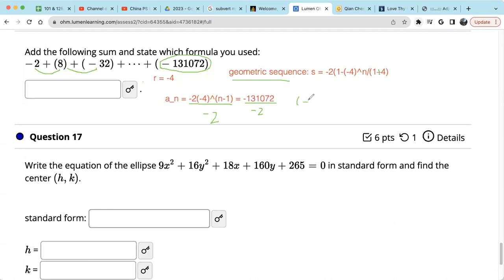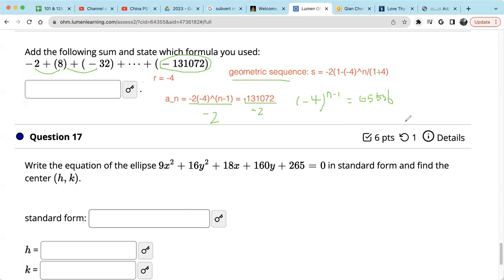Then we get -4 raised to the power n minus 1 equals, if we simplify this, negative divided by negative becomes positive. 13 divided by 2 we get 6, remainder 1. Then 11 divided by 2 is 5, then remainder 1, 10, that's another 5. Then 7 divided by 2 is 3, remainder 1. Then we have 12, divided by 2 is 6. So we get 65536.